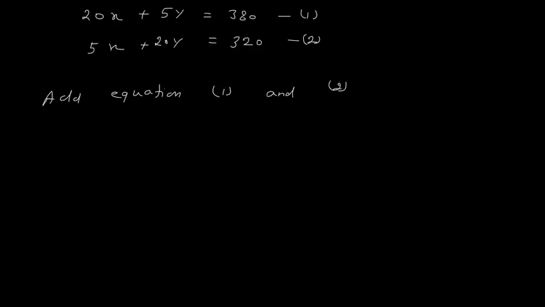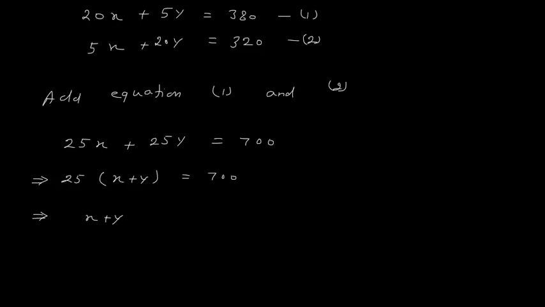So adding the equations, 20 and 5 become 25, so 25x; 5 plus 20 becomes 25y; and 380 plus 320 becomes 700. Now 25 you can take common, so 25(x + y) = 700. Therefore the value of x + y is 700 divided by 25.